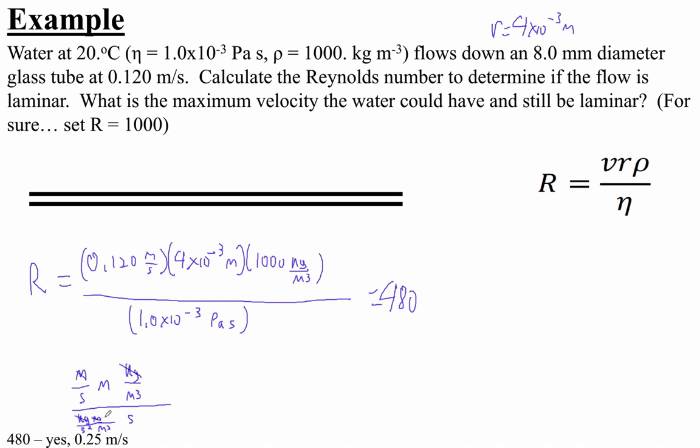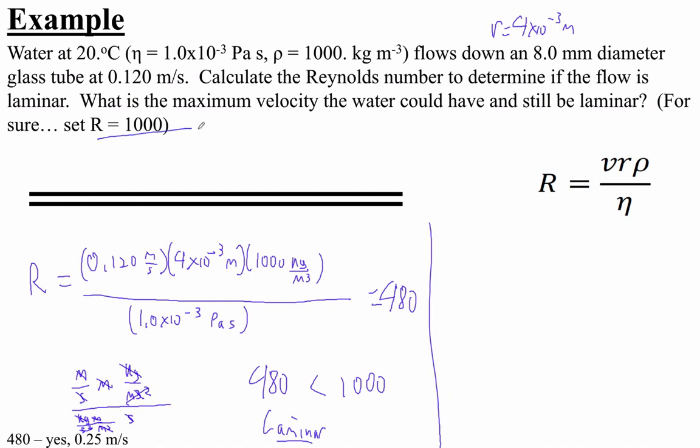Meters on the top cancel. Now we have meters squared in the denominator, that goes away. Seconds and seconds. It all cancels away, like the end of Hamlet. So there are no units, it's just 480. Since 480 is less than 1,000, and less than 2,000, it's laminar. So how fast could it go and still be laminar?